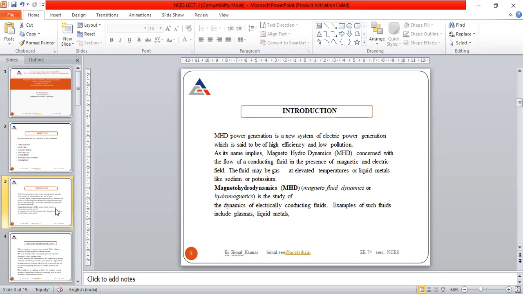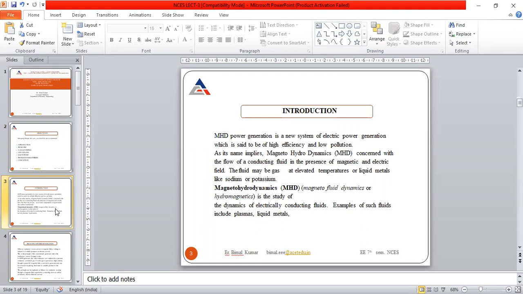We are taking it as almost 50%, but it may be 52, 53, 55%, right? So efficiency is not very high, but due to its other advantages, these types of power plants are very useful in some applications like defense or remote areas where no electricity is available, right?